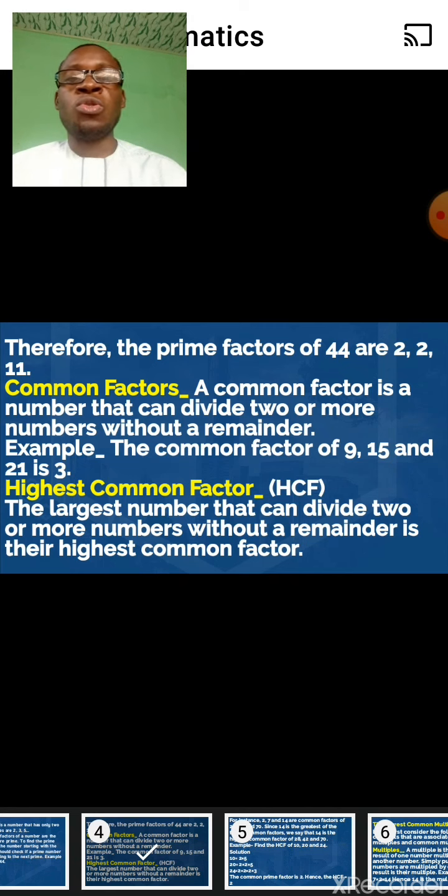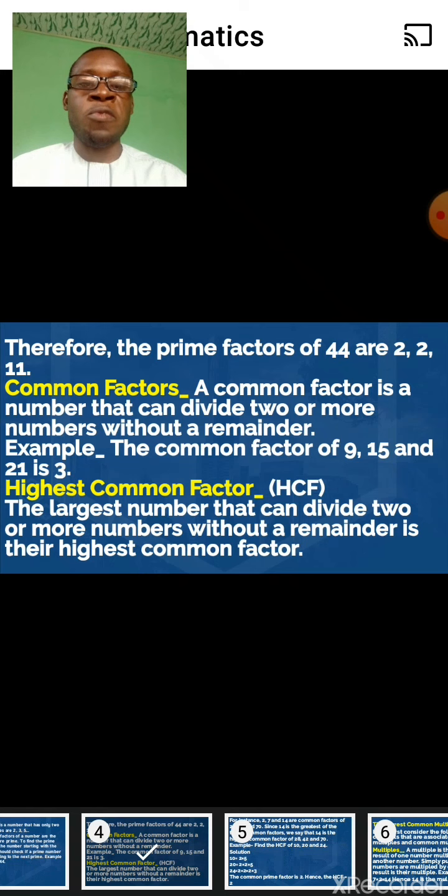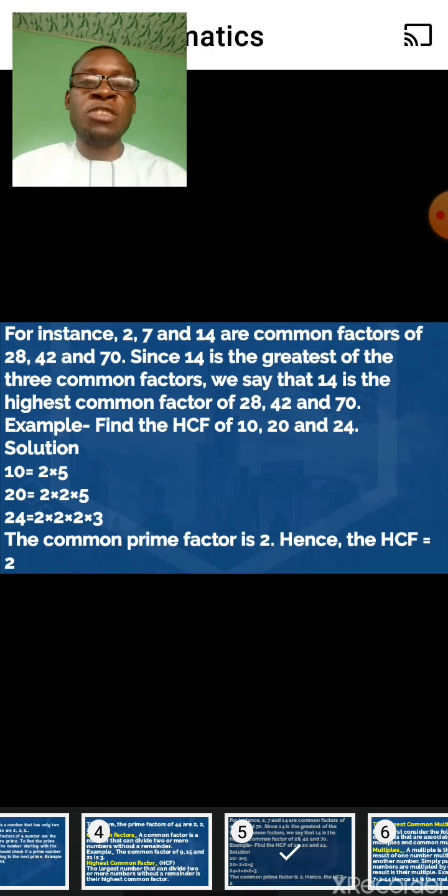Now we go to highest common factor, or HCF. The largest number that can divide two or more numbers without a remainder is their highest common factor.